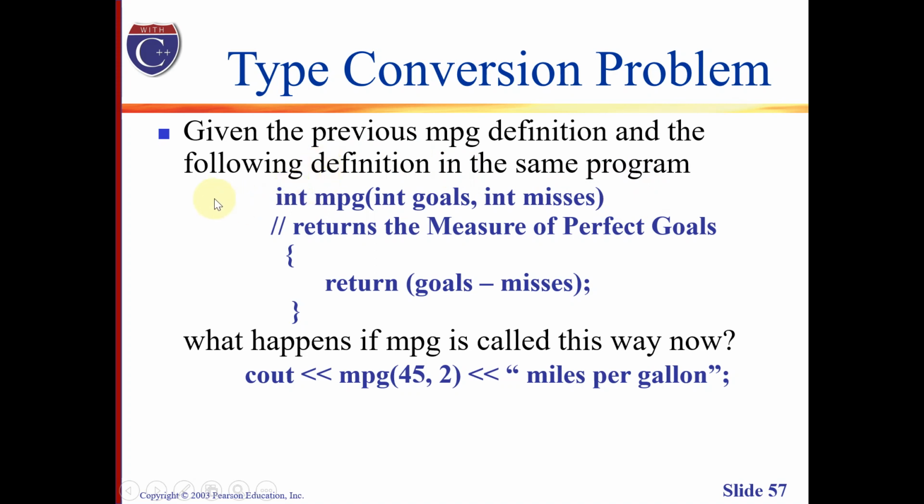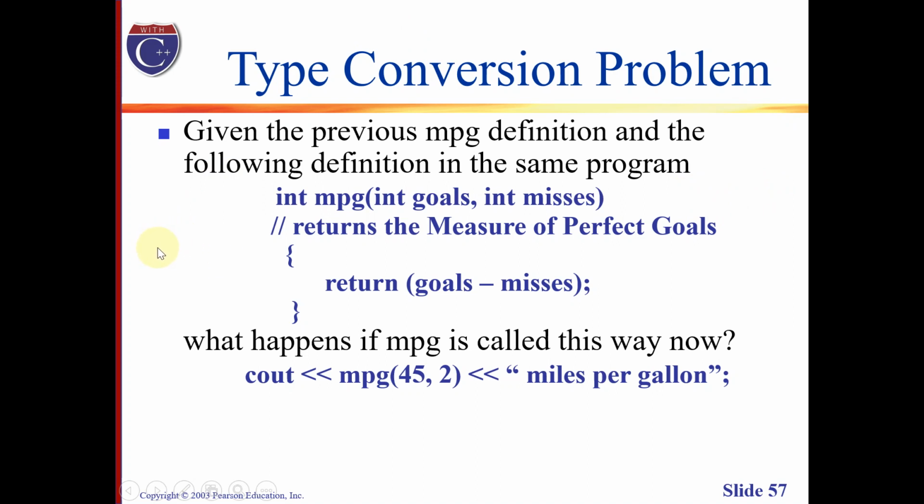This time, we have the same number of arguments, only that they now have integer data type for our parameter list. And of course, it has the following definition, which is actually the measure of perfect goals as opposed to miles per gallon from the previous example.